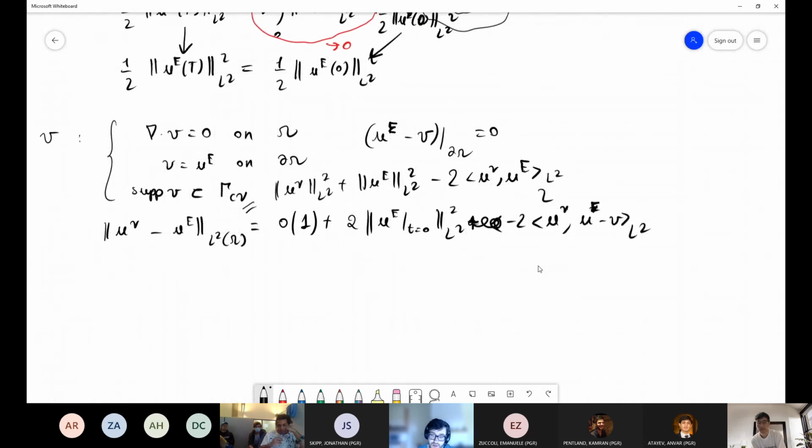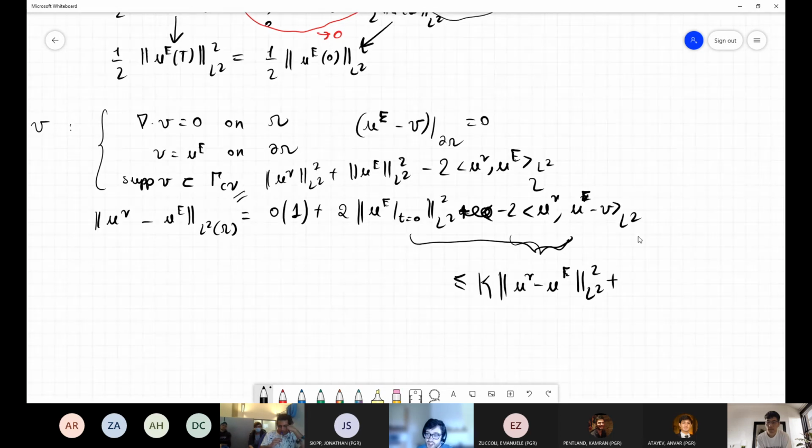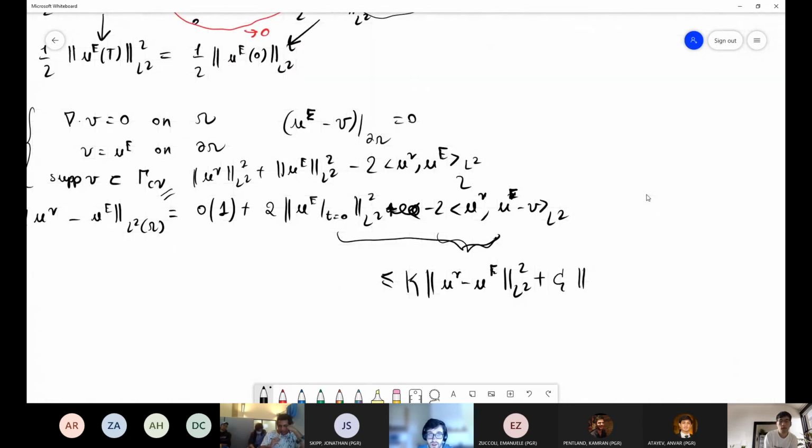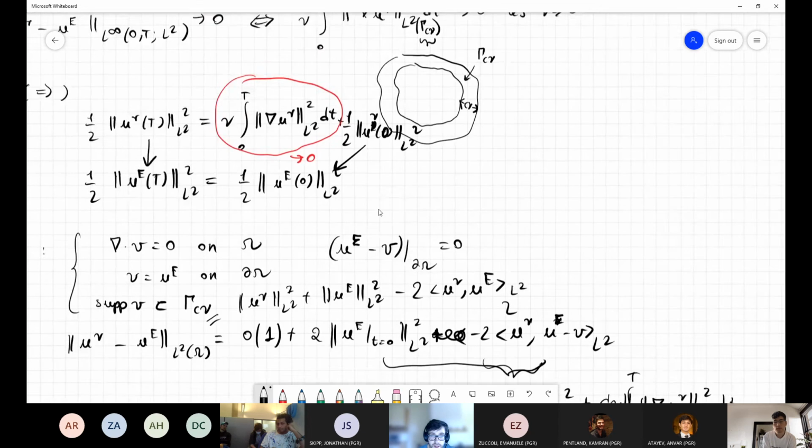And then using the weak formulation of the Navier-Stokes equation, we find out that this can be bounded basically by a constant times u_ν minus u_E, all of this, plus some term which is bounded by a constant times the quantity described above, so ν integral from 0 to t of the L2 norm squared of the gradient of u_ν. And because this goes to 0, then we can apply Gronwall's lemma and conclude the proof.